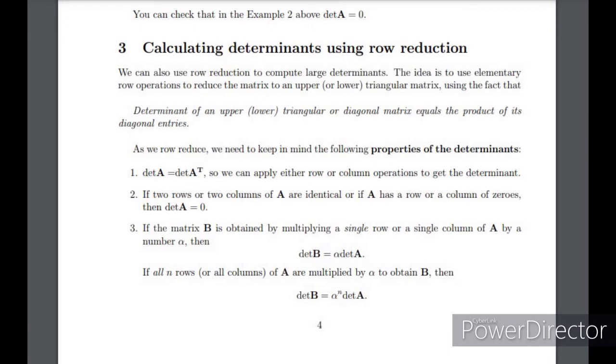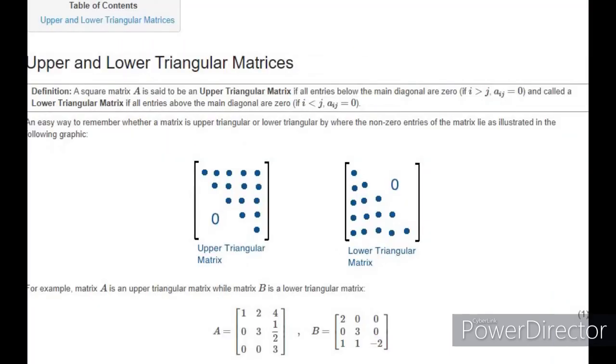So these are the upper and lower triangular matrices. Okay? You say that it is an upper triangular matrix if all of the elements under the diagonal, from the upper left corner to the lower right corner, are equal to 0.